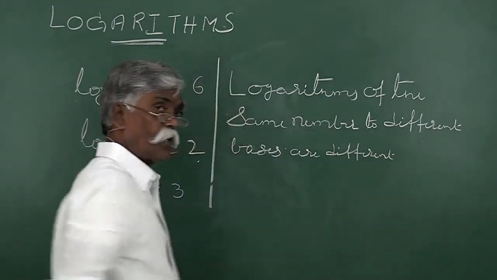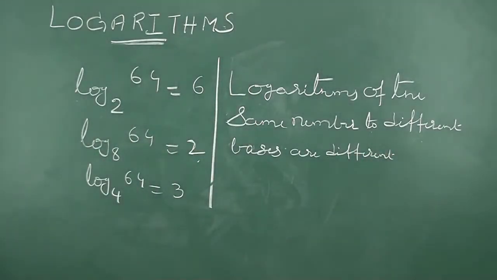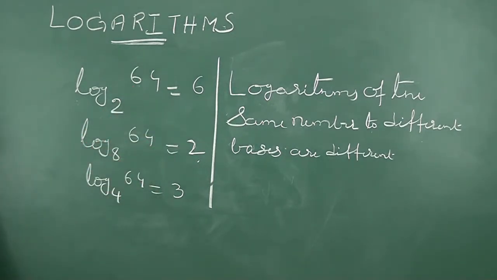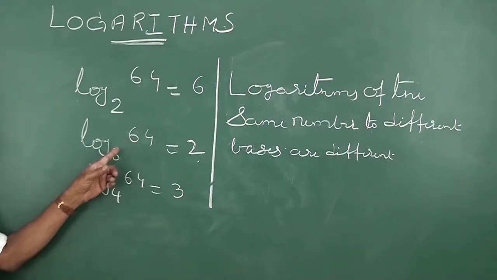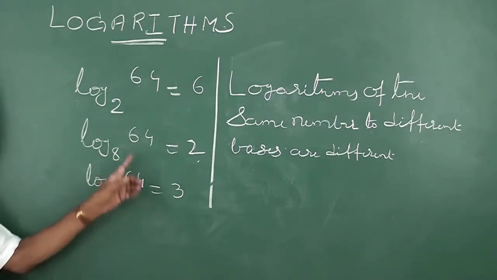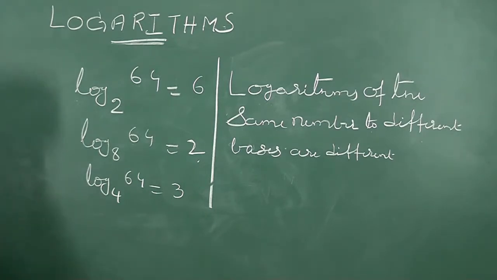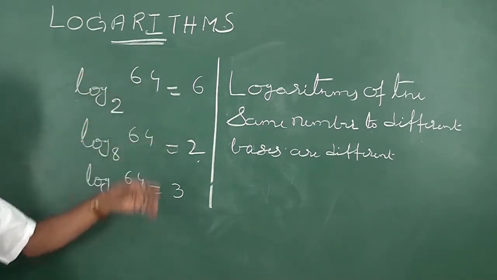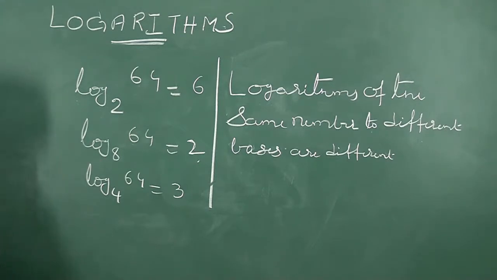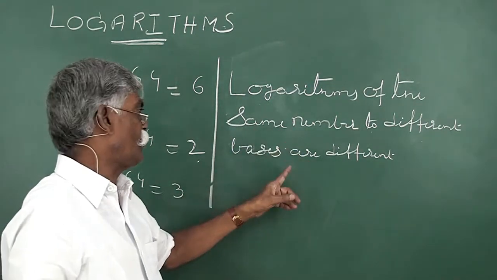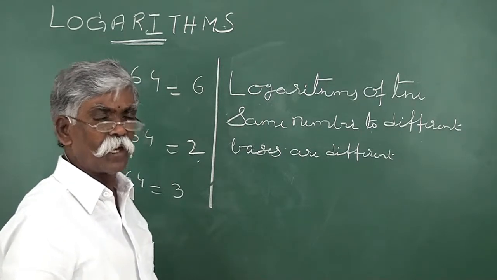This is one of the important points. So therefore, first we have calculated log 64 to the base 2 is 6, because 2 power 6 is 64. And log 64 to the base 8 is 2, because 8 square is 64. Log 64 to the base 4 is 3, because 4 cube is 64. That means we have taken the logarithm of the same number 64 in all the three cases, but the bases are different. So therefore, logarithms of the same number to different bases are different.